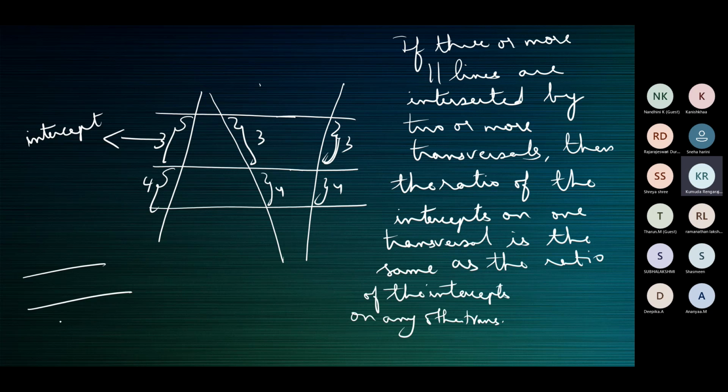So when you have three or more parallel lines intersected by transversals, you can have any number of transversals.